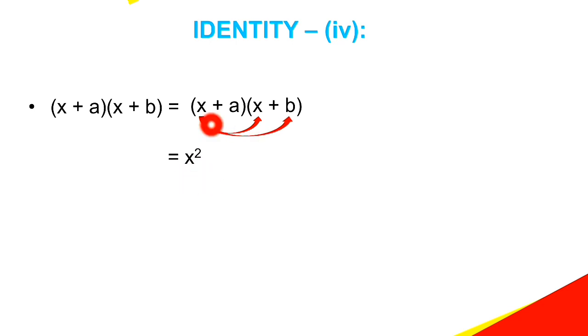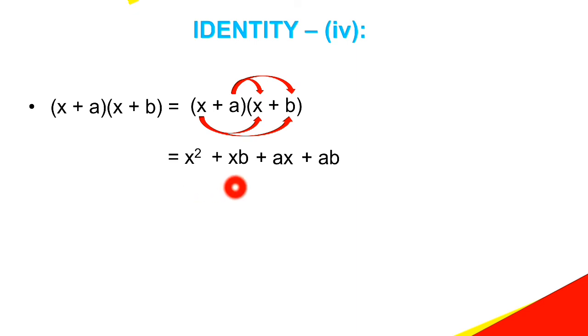Next one is X into B, which can be written as XB. Next, A into X can be written as AX. Next, A into B can be written as AB. Okay, what equation did we get now?